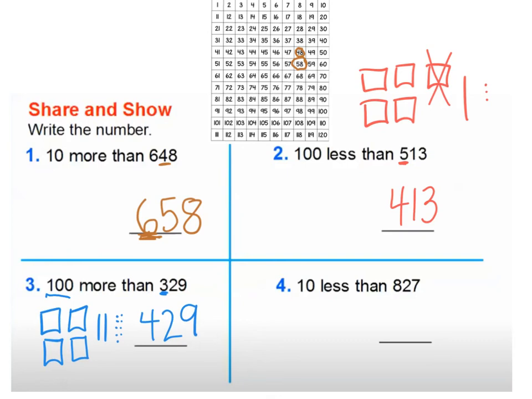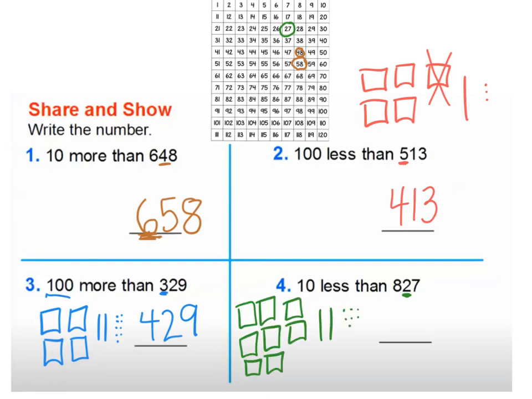Okay, and last one, number 4, 10 less than 827. What place will change? The tens place. So again, we can use the hundreds chart. We find 27. And we want 10 less. We have to take away a 10.